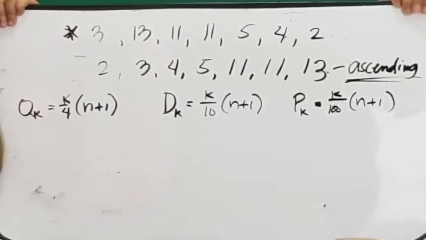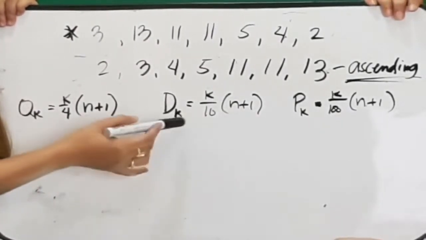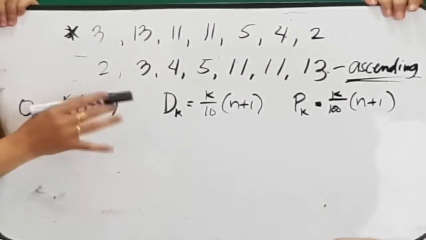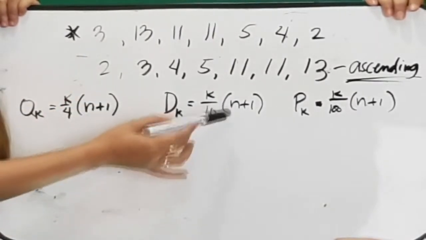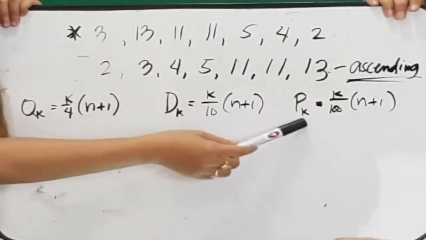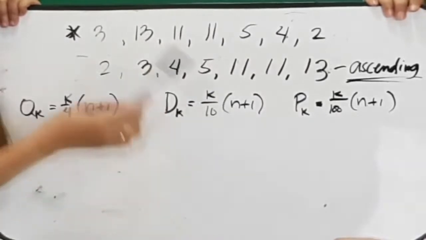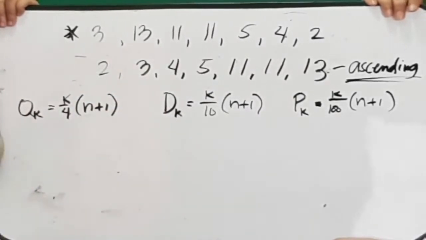And with the decile here, we use the formula D sub K is equal to K over 10, since for decile, it is divided into 10 equal parts, and then multiplied by N plus 1. And with the percentile, we have the formula P sub K is equal to K over 100 times N plus 1. Okay, so it's very easy if we are familiar with the different formulas.